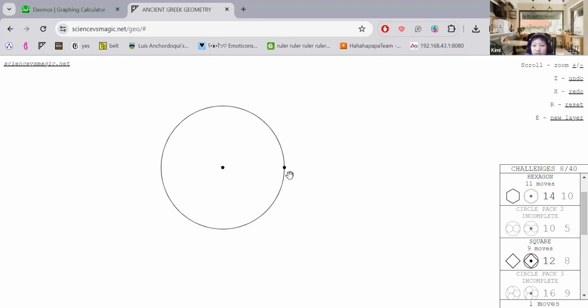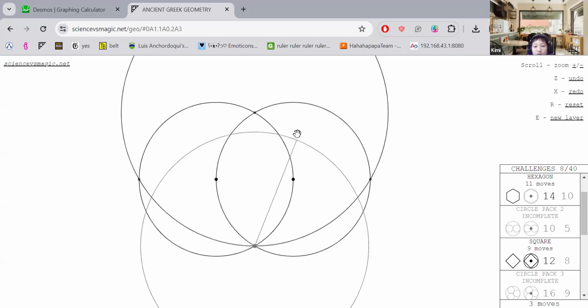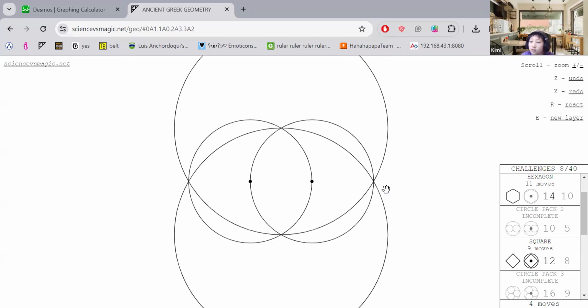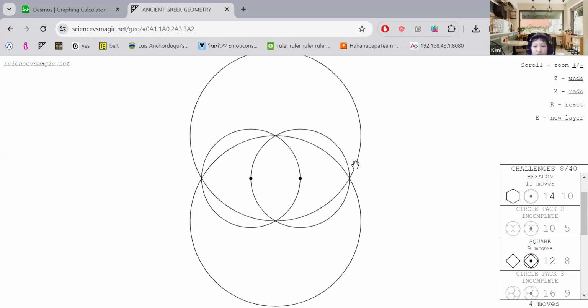So I first got the 2 circle thing that you usually do every time you start one of these puzzles. And then I did the another 2 on top and on the bottom. Give me 1 second. So now I just did an even bigger circle around them.